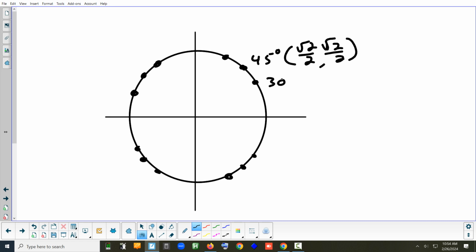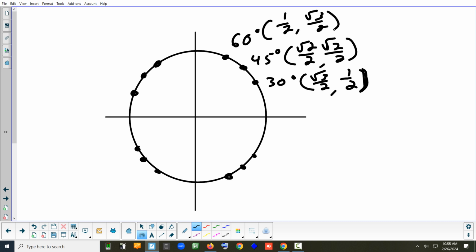How about for the 30? Remember? The x value would be root 3 over 2, and the y value is 1/2. For the 60, it's flipped, so the x value would be 1/2.